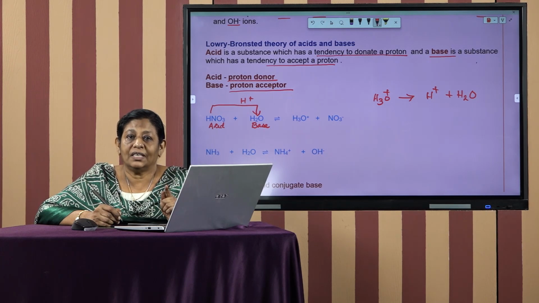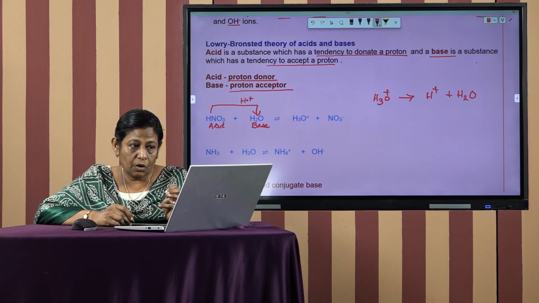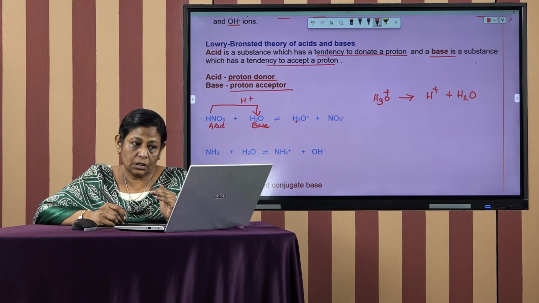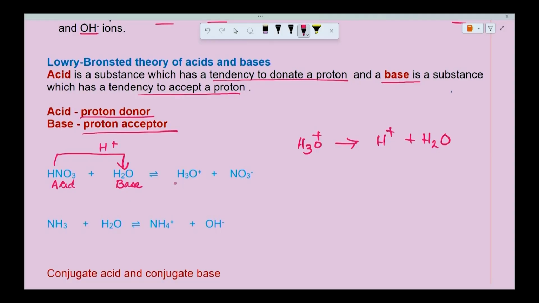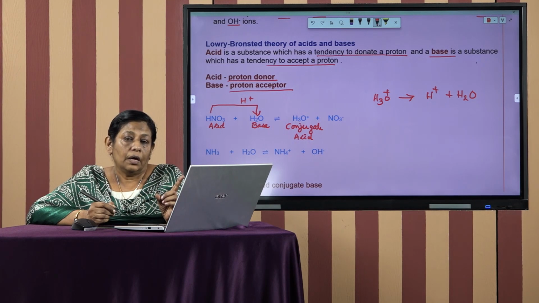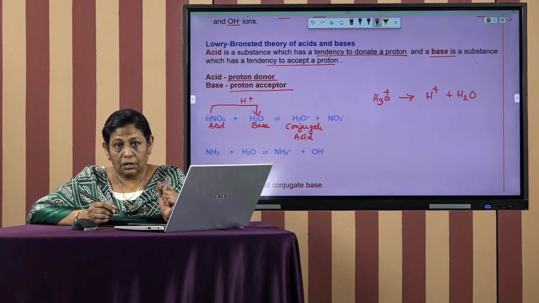But we will not call that simply an acid, because the H plus ion came from nitric acid; water acquired it from nitric acid, and so it gets H3O plus, which is an acid, and this acid is known as a conjugate acid. We do not call it simply an acid; it is considered a conjugate acid, and this conjugate acid is formed from water, which accepts a proton from nitric acid.